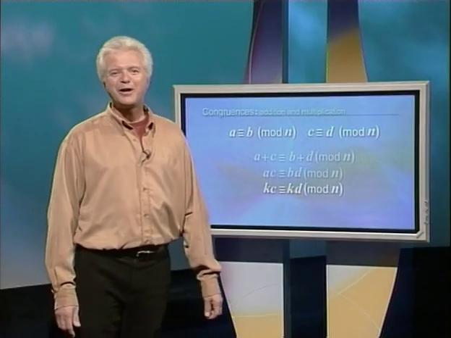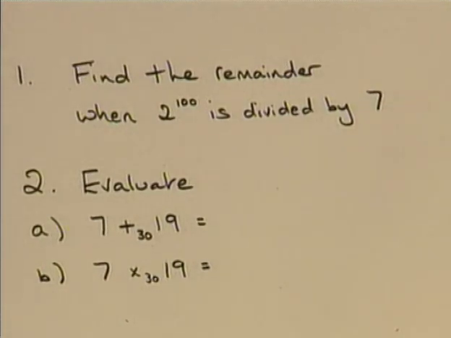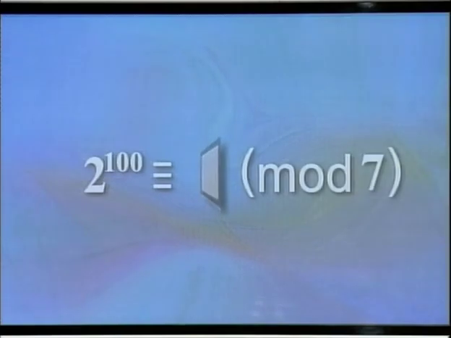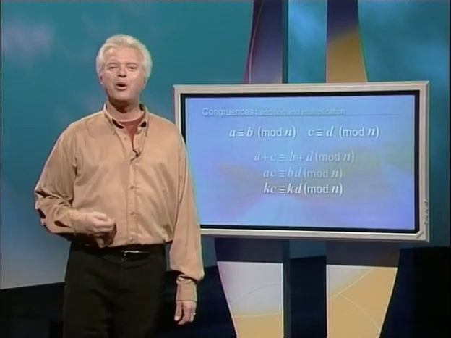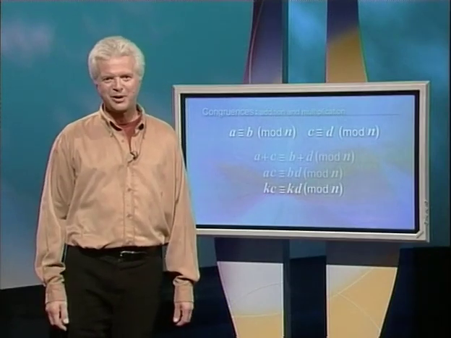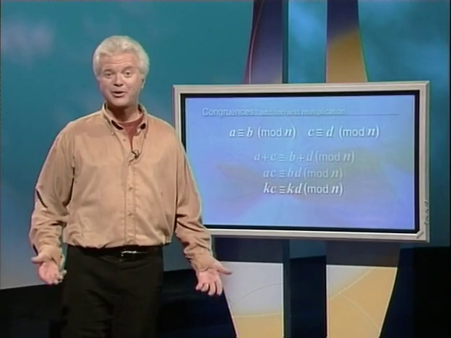Well, the first of Sarah's problems was to work out 2 to the power 100, and Sarah has to work out the remainder of that when she divides by 7. And that's just like saying, what is 2 to the power 100 congruent to mod 7? Well, because of that property about multiplying congruences, it suggests that what we should do is work out the successive powers. And that's exactly what Sarah will do.